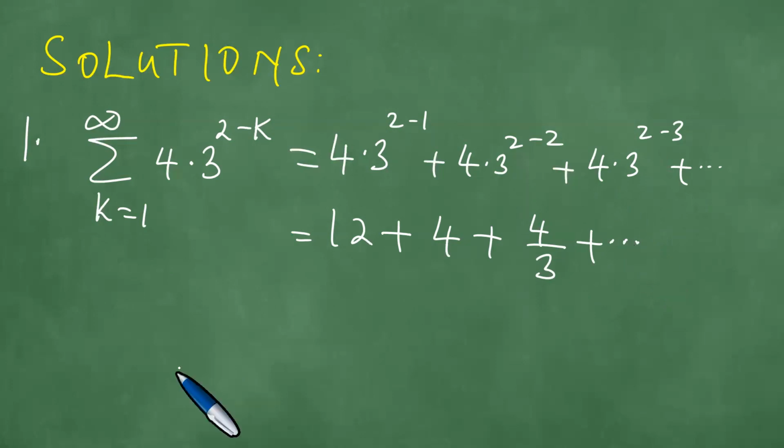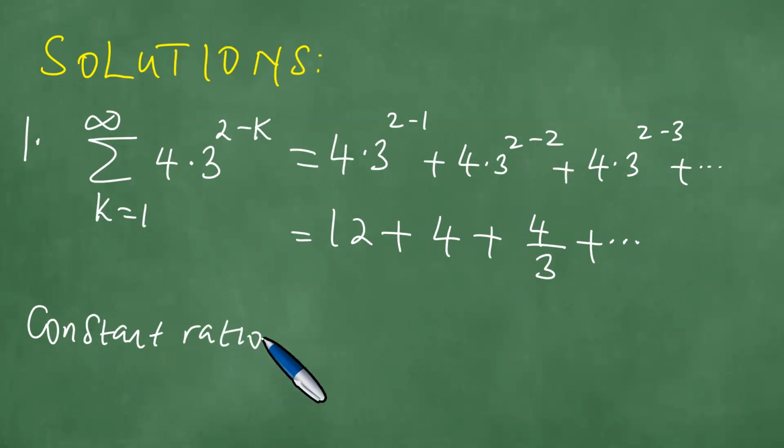So what does it mean to us? So we've written these out. There's something we call the constant ratio. Right, what is the constant ratio? In number 1, the constant ratio means the second term over the first term.